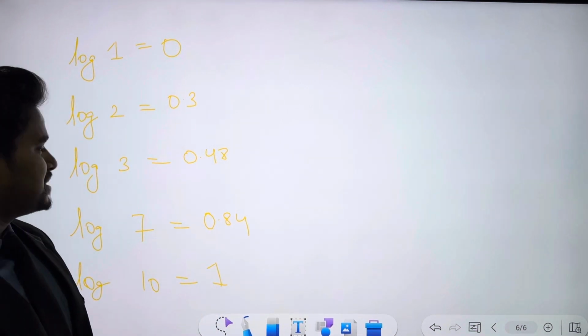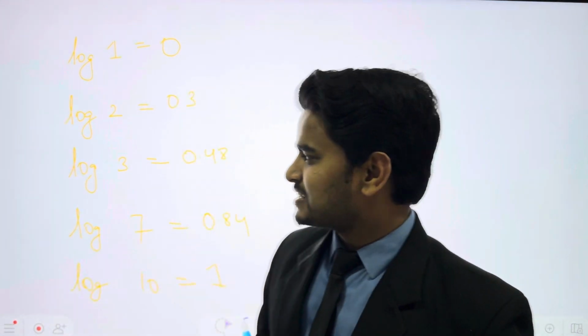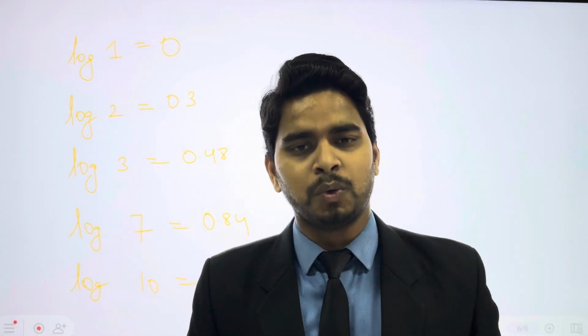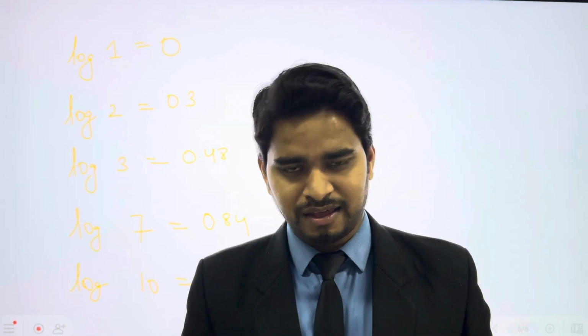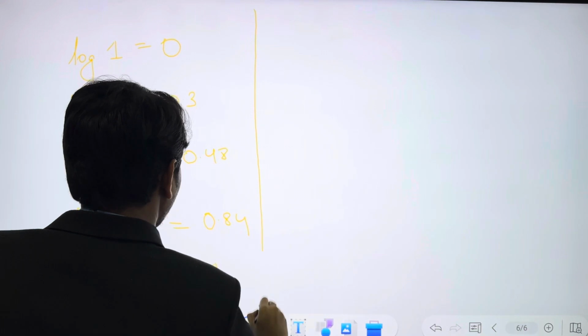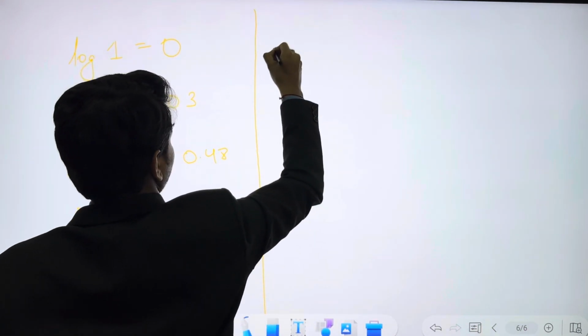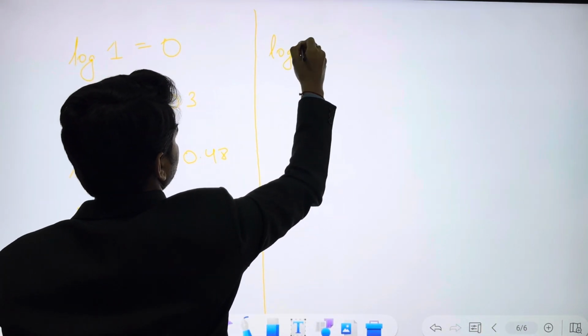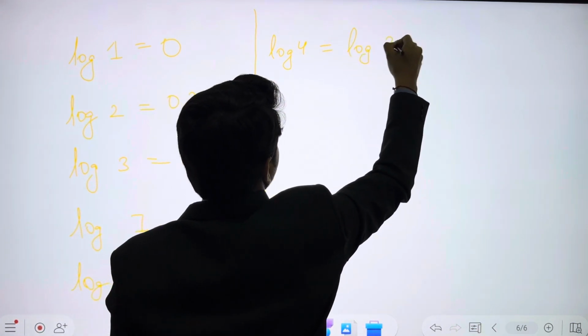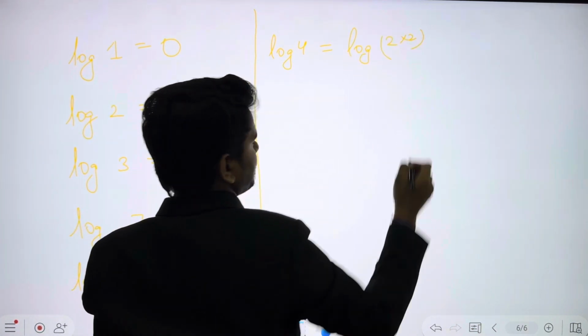Sir, you have skipped the value of 4, 5, 6, 8. I believe that you can find out all those on your own. Let's go ahead and try to do that. So you have to find out the value of log 4. Log 4 can be written as log 2 into 2. Say yes or no. Right?